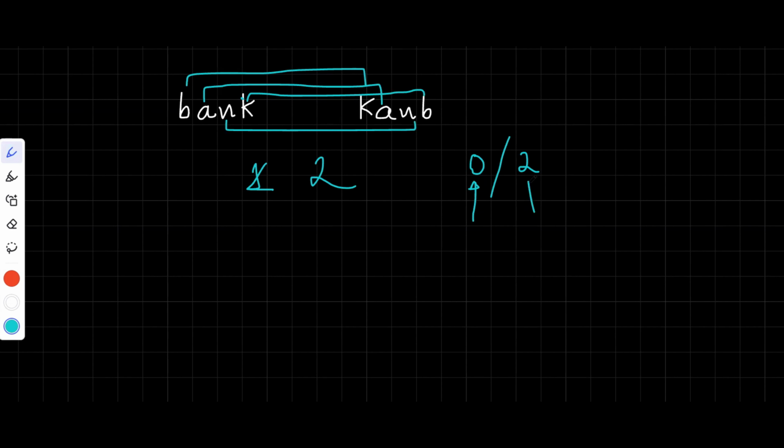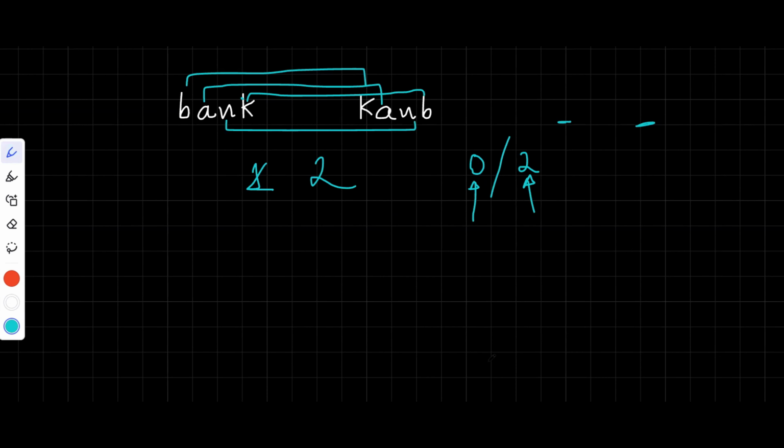But if the difference is 2, that means if we perform one swap at different indices, two characters will be shifted, so the difference will be 2. So if the number of differences is 0 or 2, we can make both strings equal, otherwise not. I hope you understood the algorithm.